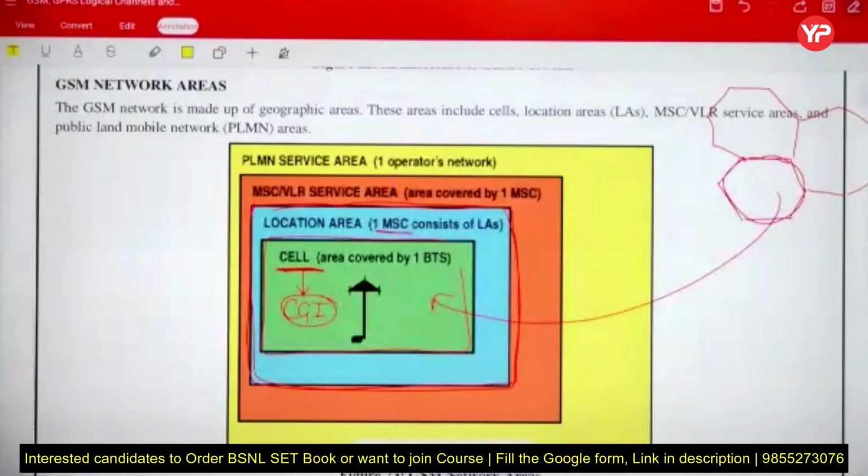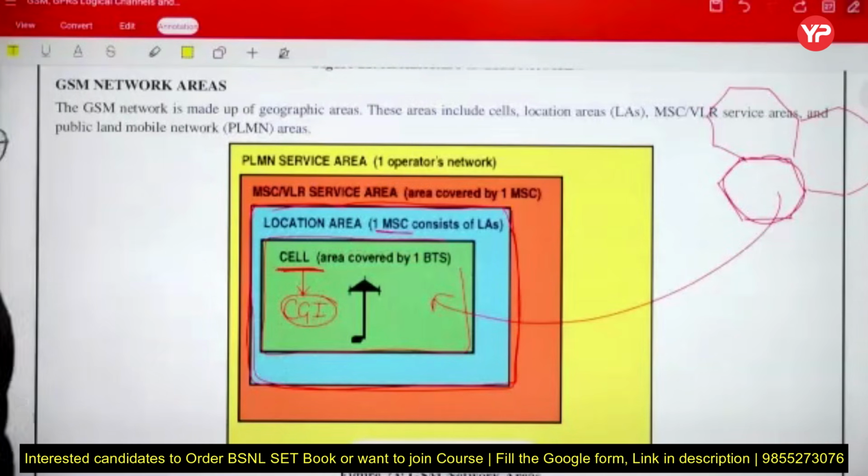And this is the area that is paged when a subscriber gets an incoming call. So for this LA, the location area, we will assign a location area identity, LAI, to each location area.